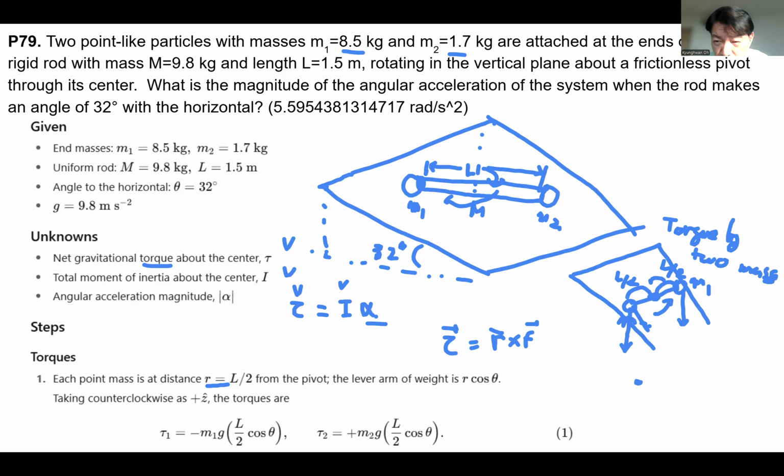It's not easy to draw here, but I will try to find the best way. Here is the gravitational force mg, and this is the r, and the angle between these two.